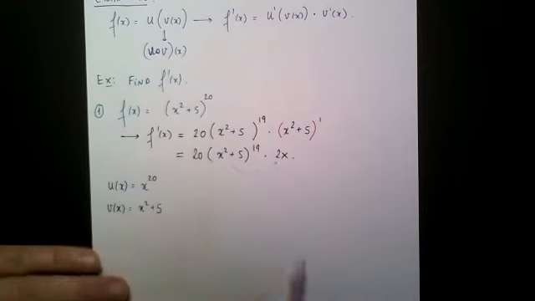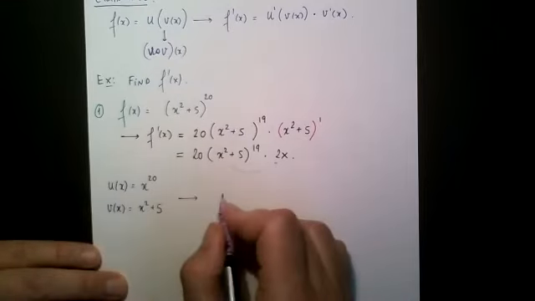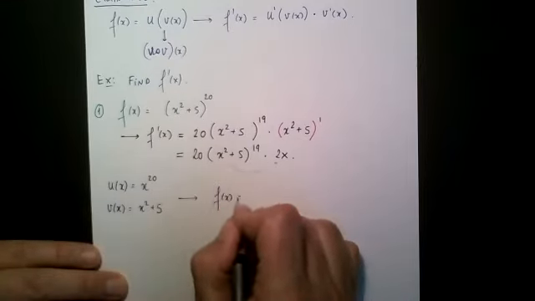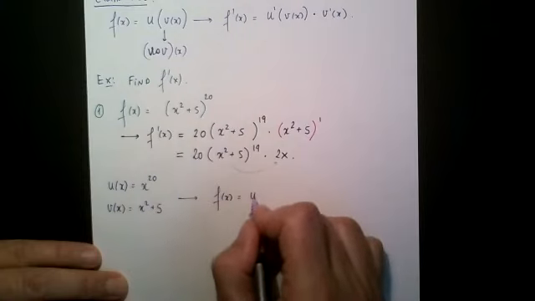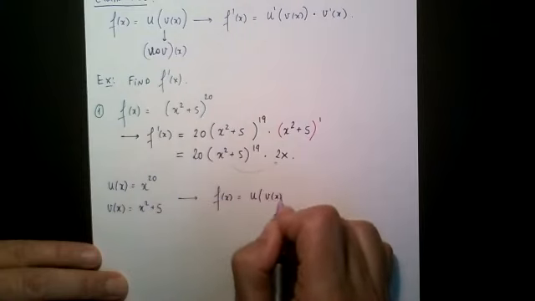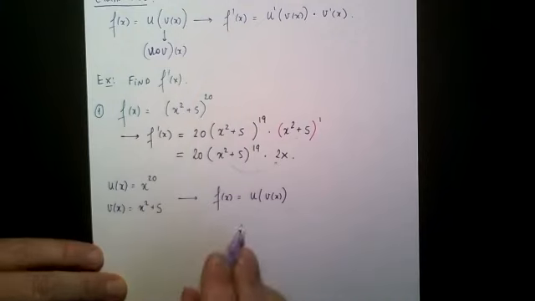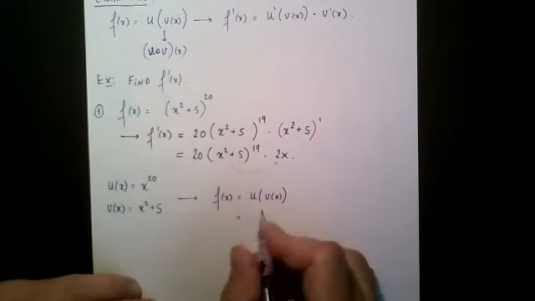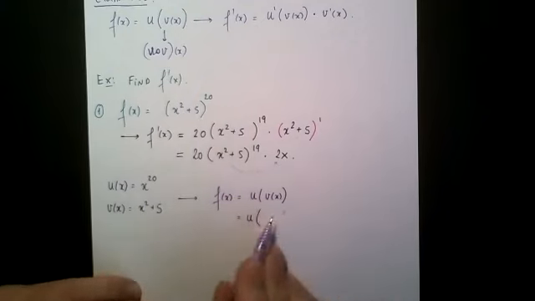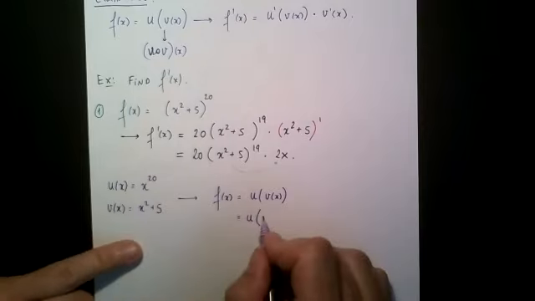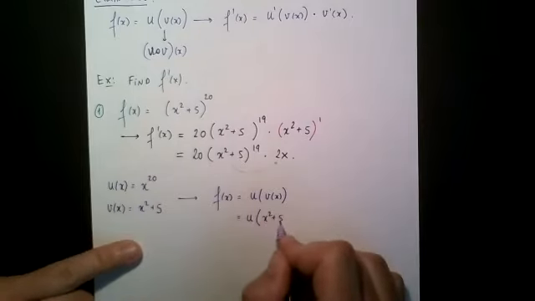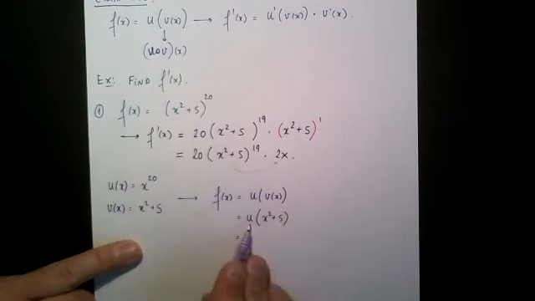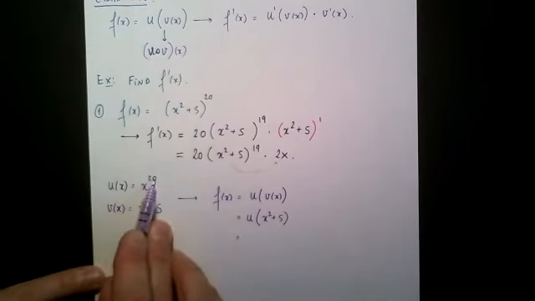So if I understand here, f of x, in our case, is equal to u of v of x. Right? Because it's equal to what? v of x is x squared plus 5, and u of x is x to the 20.